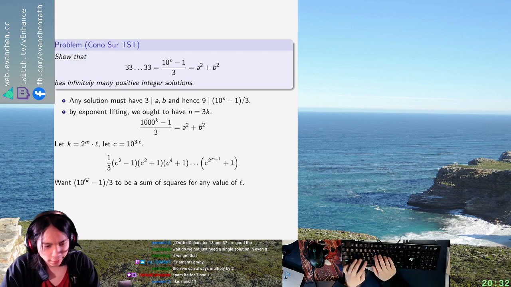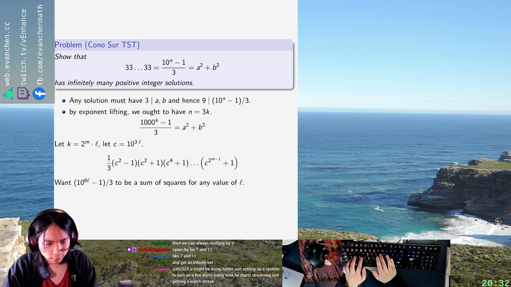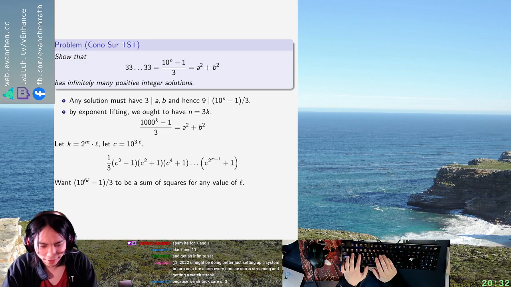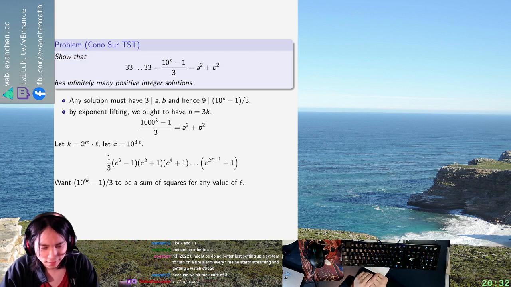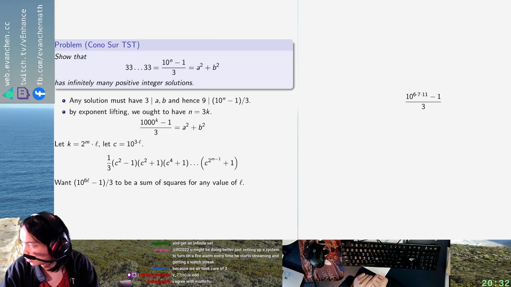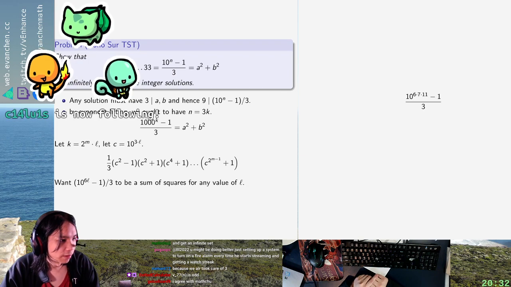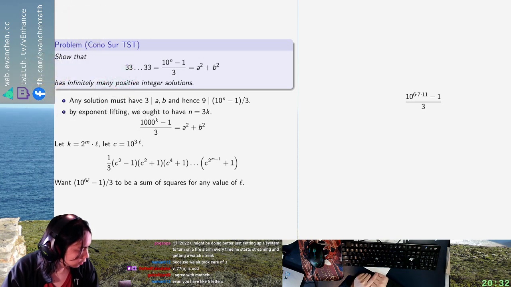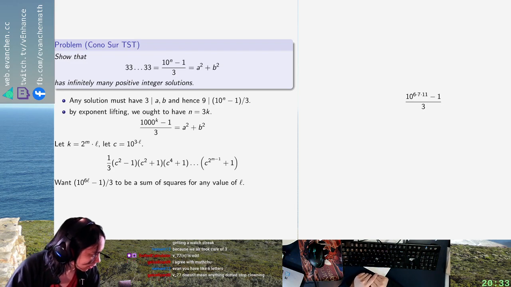I'm gonna run out of letters. I mean, here we are. Our question is, is that a sum of squares? V77.